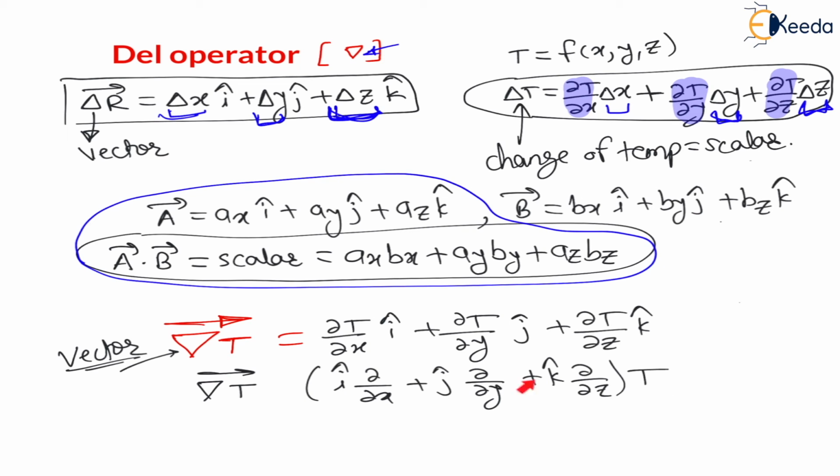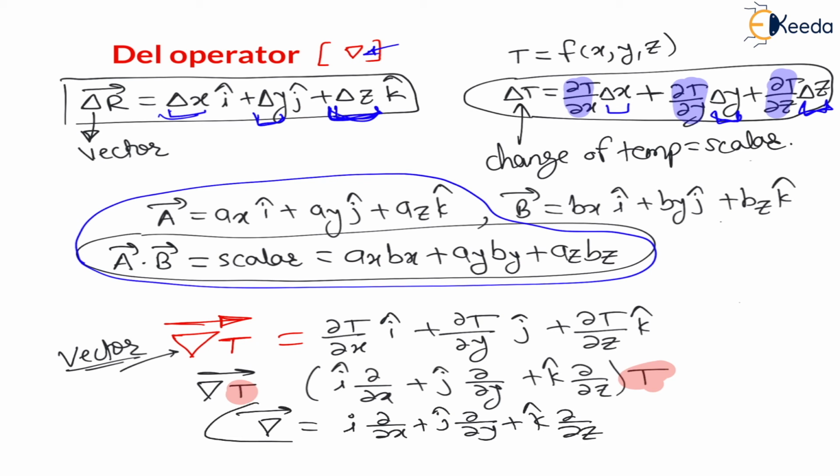Now what will this del operator remain? Therefore this T gets cancelled, and this del operator will become i dou x plus j dou y plus k dou z. This is the del operator, which is a very important parameter.